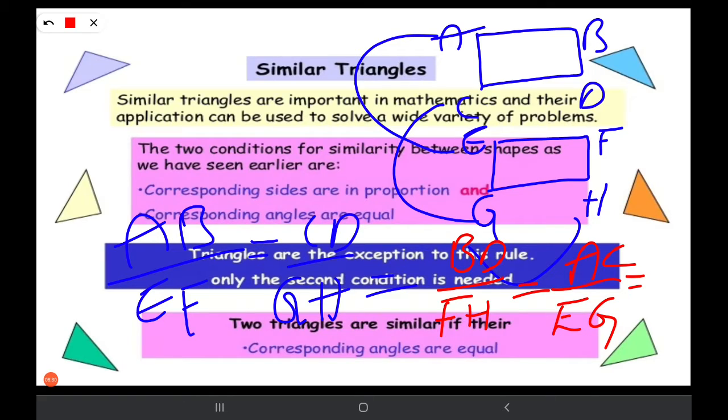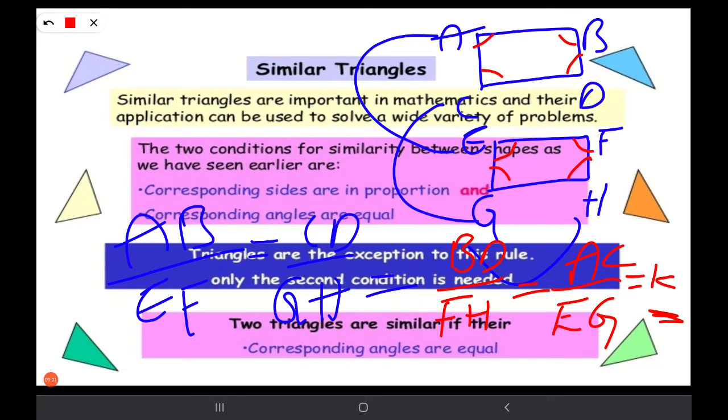It means all the ratios are equal to one number, say K. So the ratio between the corresponding sides must be equal in similar figures. And corresponding angles: angle C corresponds to angle G, angle D corresponds to angle H, angle B corresponds to angle F, angle A corresponds to angle E. So all these angles are also equal in similar figures.